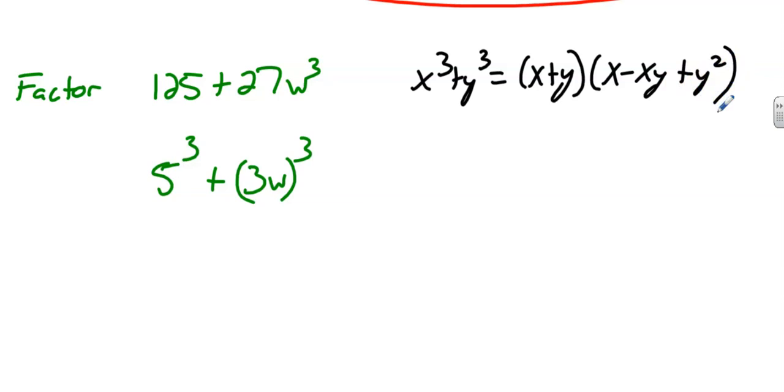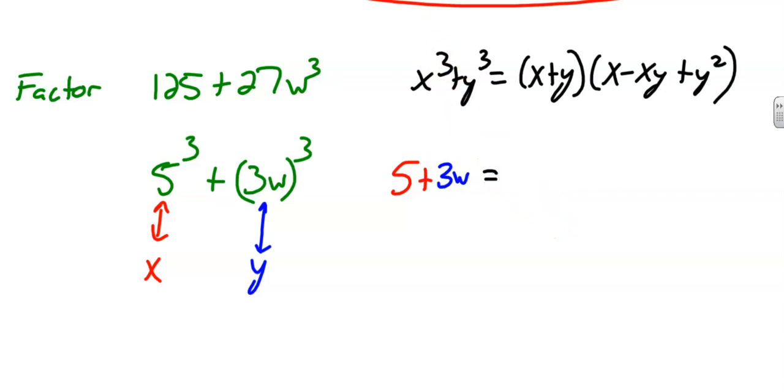Okay, now we don't have x's and y's on this one, so basically here's what we do. Everywhere that we would have an x, we're going to replace that with a 5. Everywhere we had a y, we're going to replace that with 3w. So this is going to be 5 plus 3w.